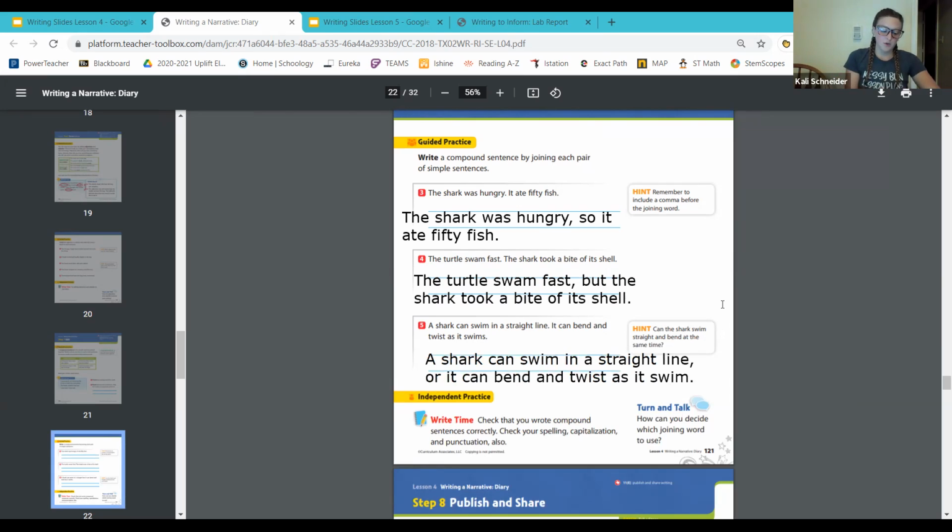Please make sure you are writing and you have your compound sentences complete on page 121. This is our only page we are completing today. Make sure that you take a picture or type it out into the assignment on Schoology so that you have shown that you are completing your work and staying caught up in our writing.